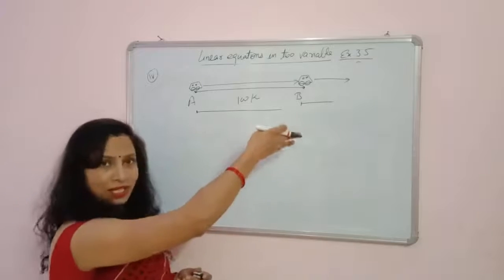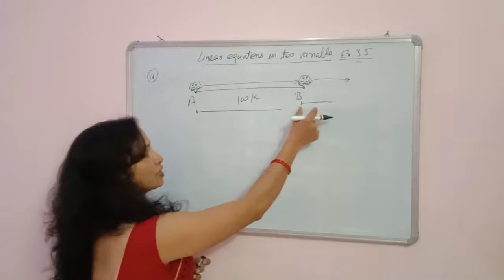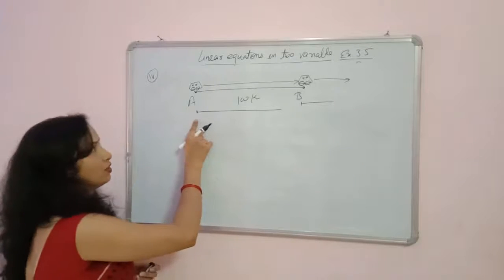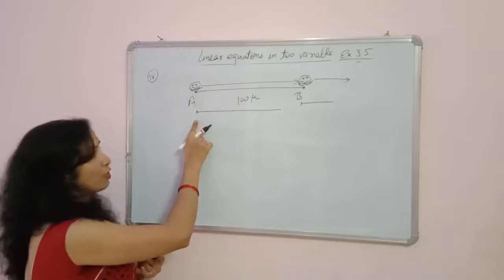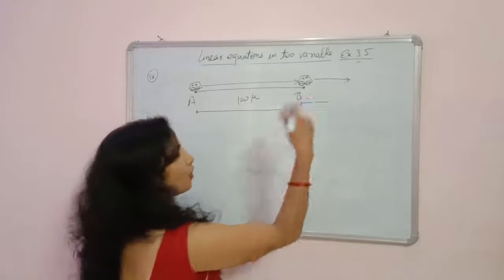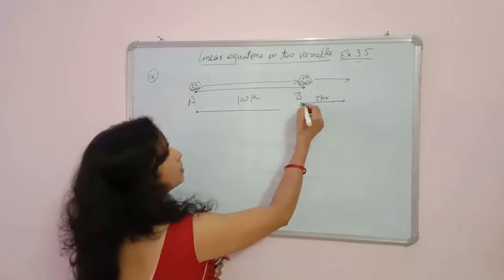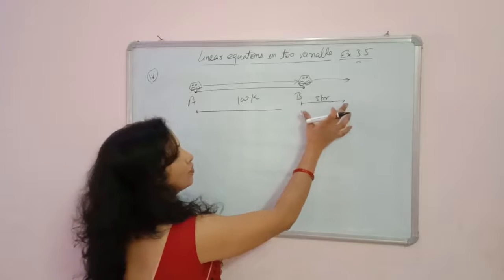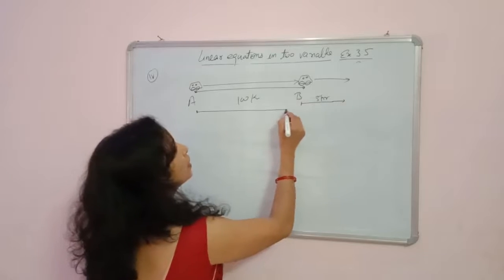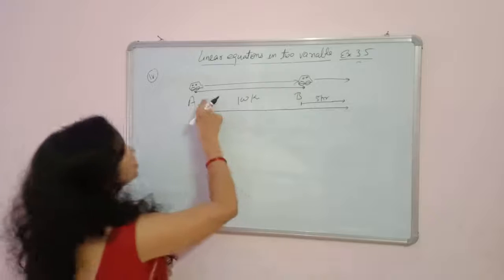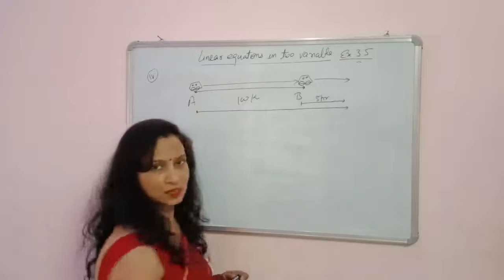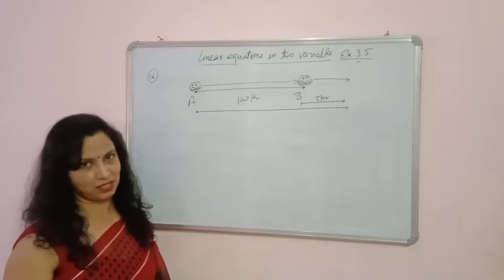Only then will it cross this one. So let the speed of this car be less as compared to the car which starts from point A. So what will happen? According to the question, after 5 hours, both cars meet. It means in 5 hours, suppose this car travels this distance, then the first car has to travel this distance, and they meet in 5 hours.